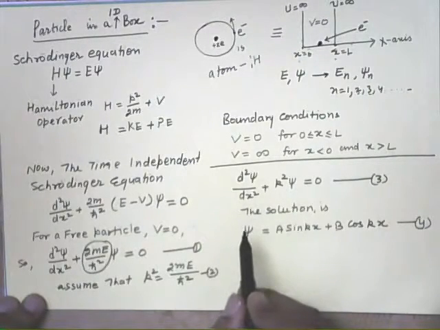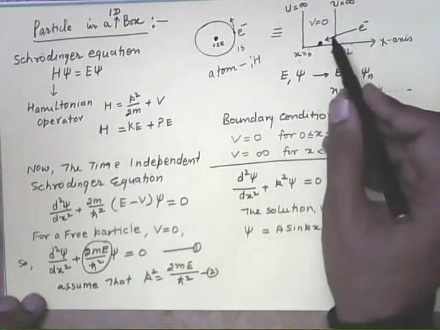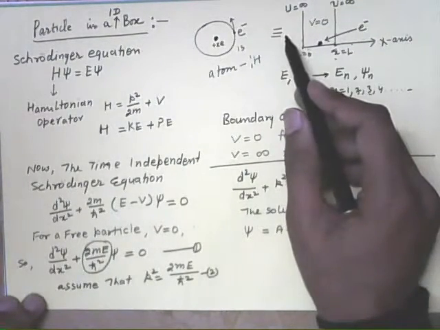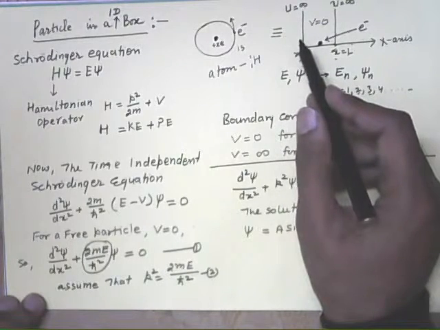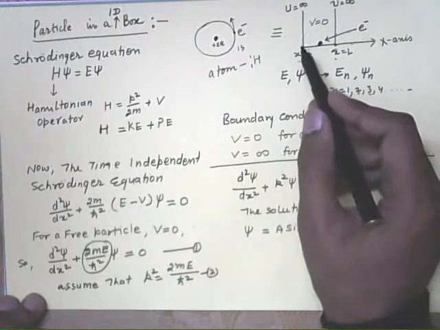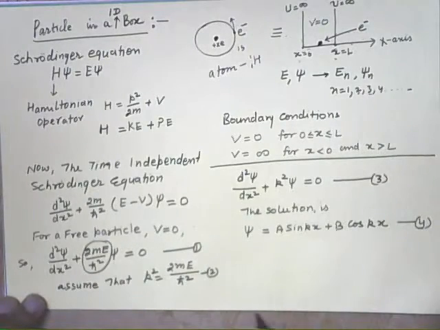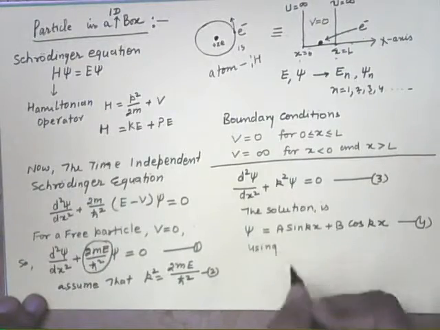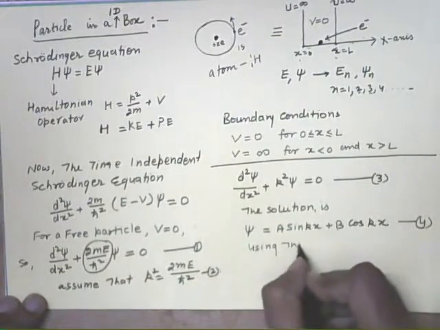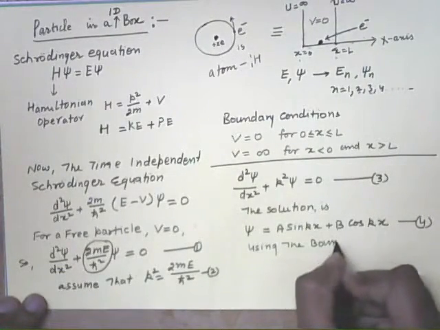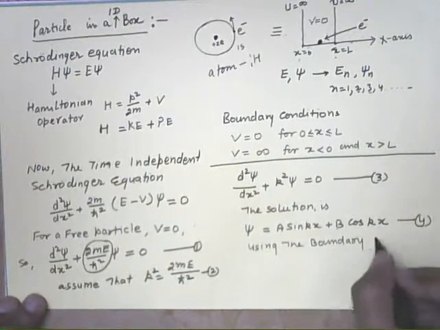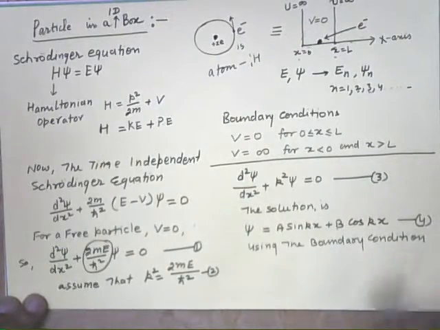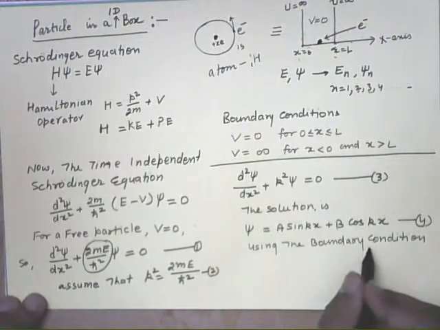Since this particle cannot penetrate the walls and cannot exist outside the box, the probability of finding the particle will be 0 outside the box, and hence we use the boundary condition. Why are we using this boundary condition?